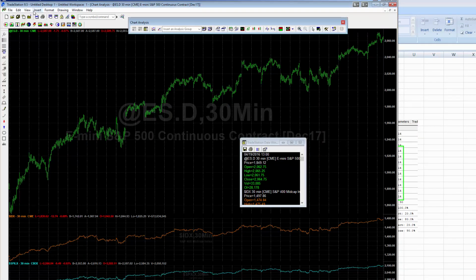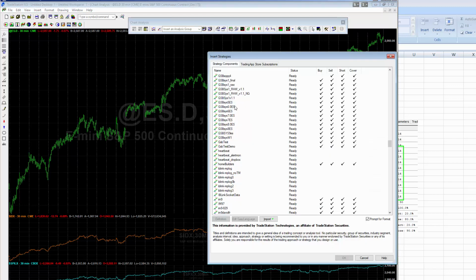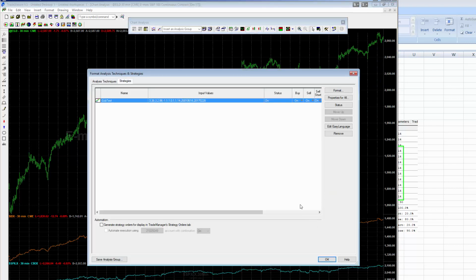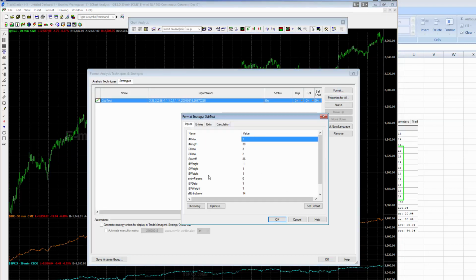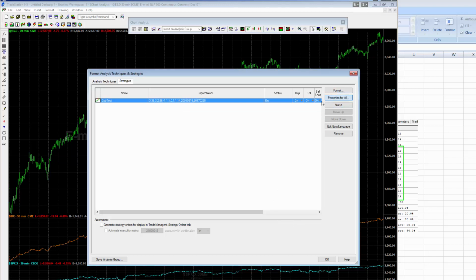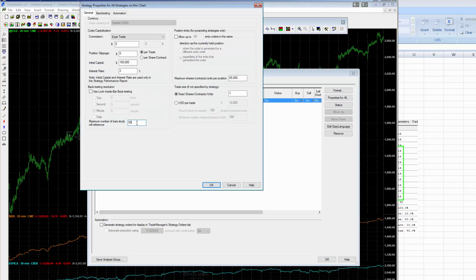Now I'm going to insert this on the chart, making very much sure that I've got the bars back set to 500.